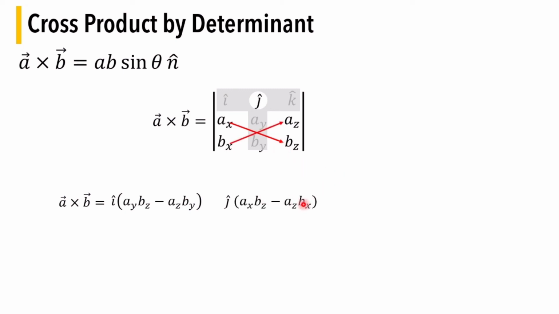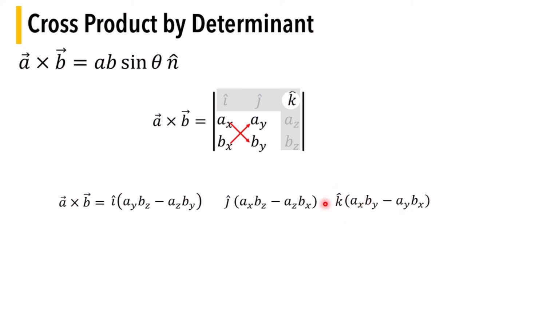Now we move to the third element of the first row. We block off the third column because k is in the third column and the first row. The rest of the elements will be multiplied, so ax by minus bx ay like this.